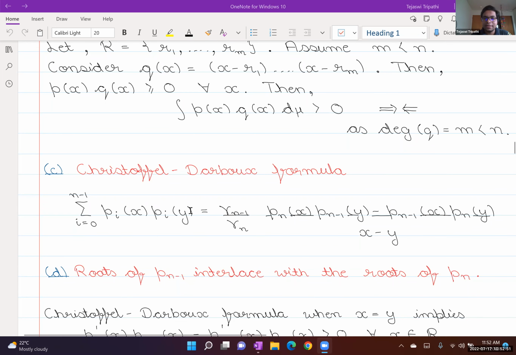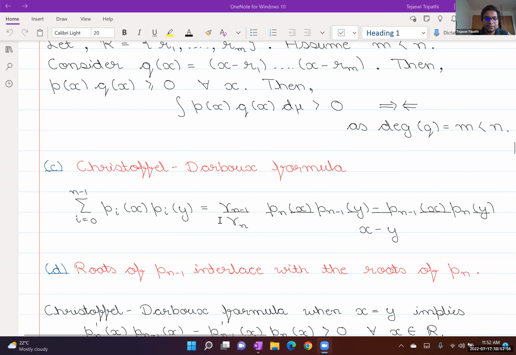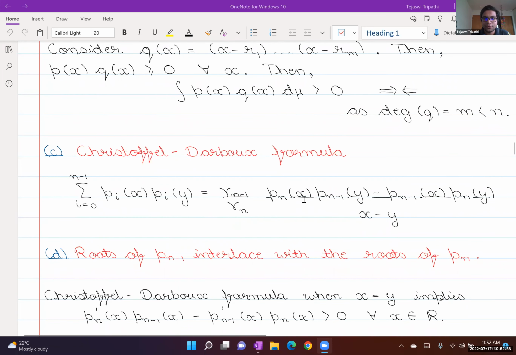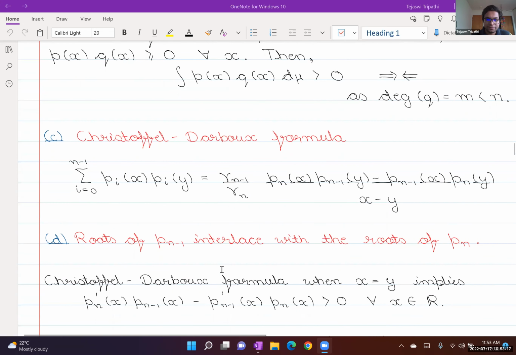But you can easily take limits, and you can show that for x equals y, the right-hand side becomes Pn prime(x) Pn minus 1(x) minus Pn minus 1 prime(x) Pn(x). And the left-hand side is obviously the sum of Pi(x) squared. The summation of Pi(x) squared is always positive, and hence the right-hand side is always positive.